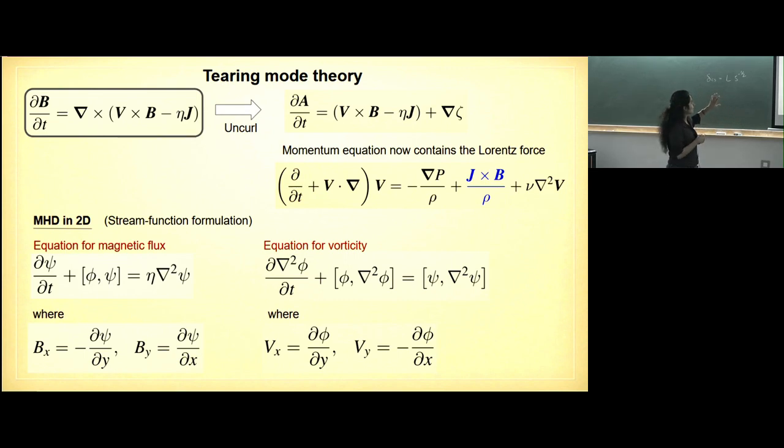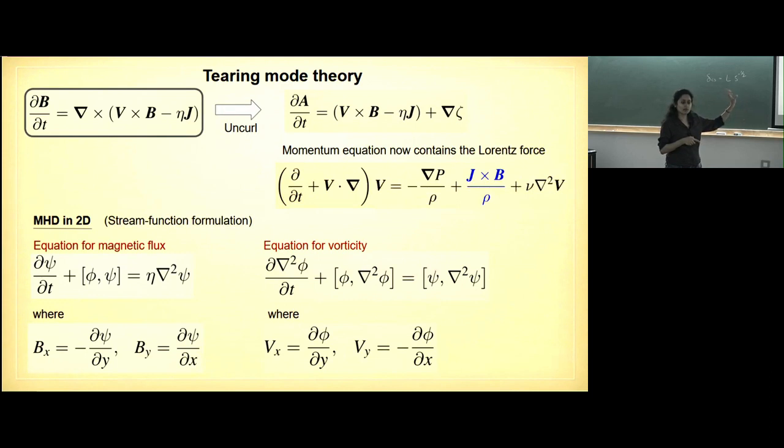Since I'm keeping only Bx and By, I retain only the z component of the vector potential in the induction equation. For the momentum equation, what I will do is take the curl of it and get an equation for the vorticity.